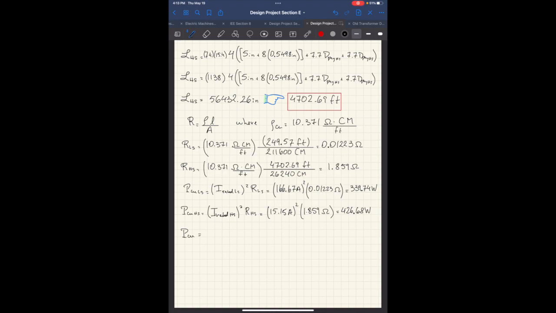And to find the total copper loss, as you can probably guess, you just add them together. And you'll find that your total copper loss should be 766.4 watts.